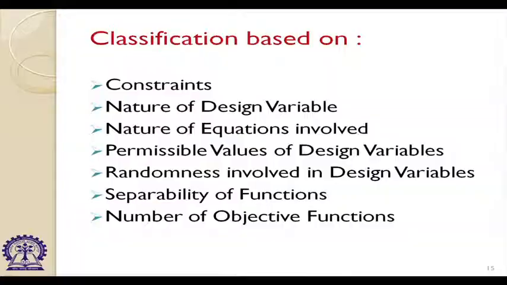Depending on the nature of the constraint, nature of the design variable, nature of the functions involved, nature of the permissible design variable. Another thing is very important: the decision variables involved in the function may have stochasticity. That means they may follow a certain probability distribution.